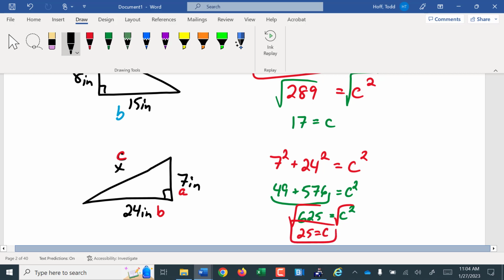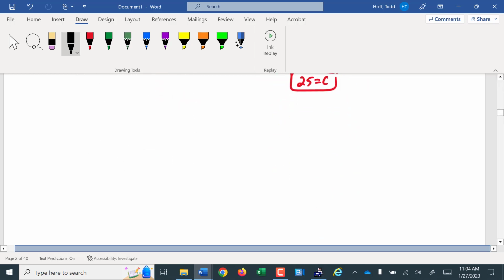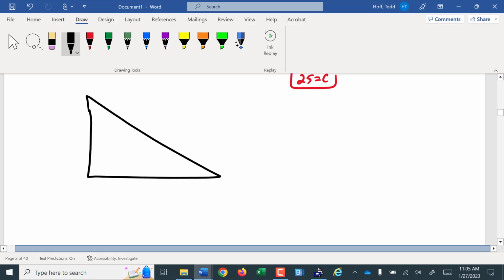Now those first couple, I made sure they came out to nice whole numbers for you. In practice, it's not going to be that simple. It can be. But how do we get a useful number out of it? So let's say that this is 11 feet here, and let's go 16 feet here.